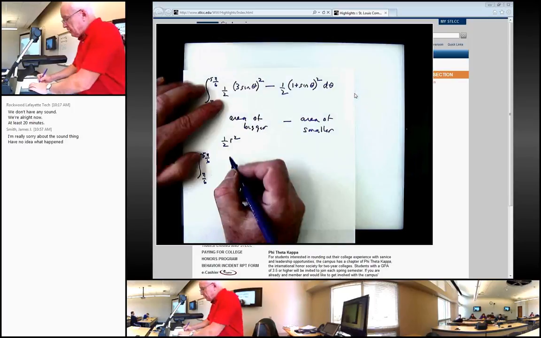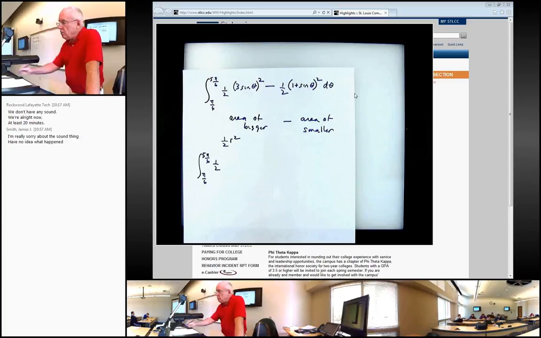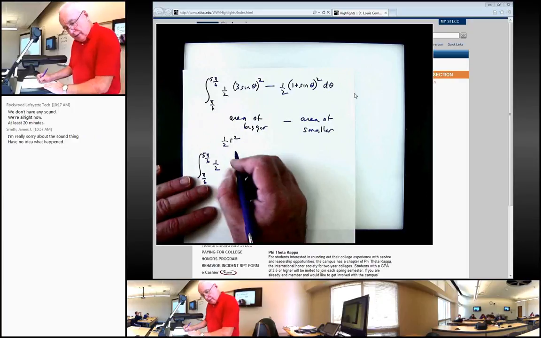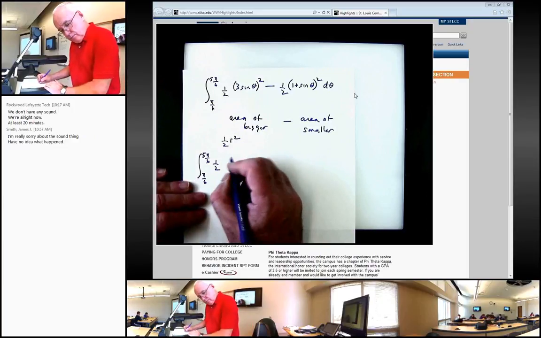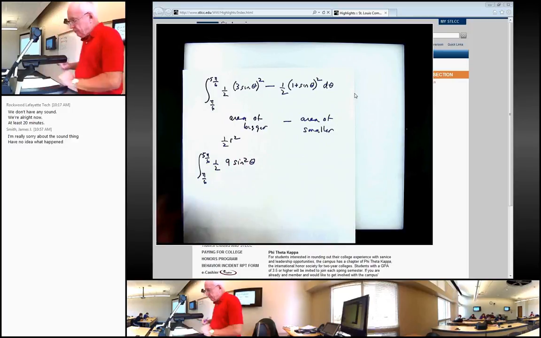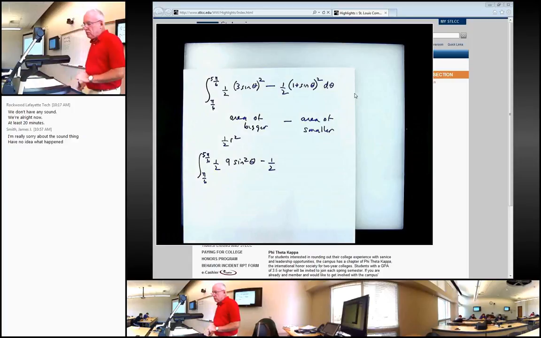Let's see what we get here. I could just keep the 1/2 there. But 3 sine of theta squared is going to give us what? It's going to give us 9 sine squared of theta. I'll put the 1/2 again, minus 1/2.